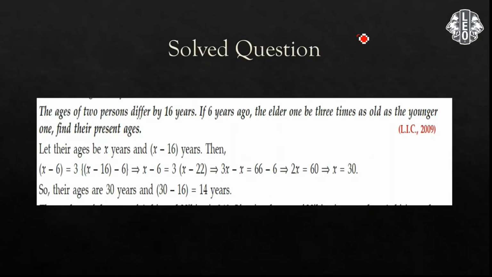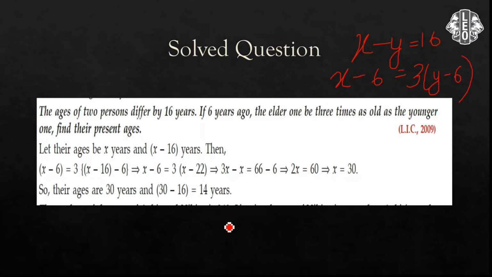Initially, x minus y is equal to 16. 6 years ago, x minus 6 is equal to 3 times y minus 6. You should not forget to put the minus 6 with y also, or else you'll get the wrong answer. It's as simple as that. So just consider x is equal to 16 plus y.